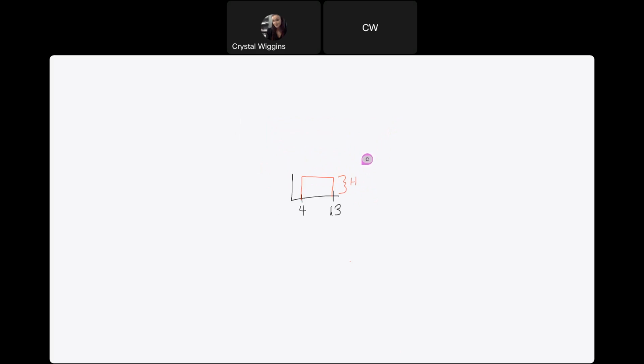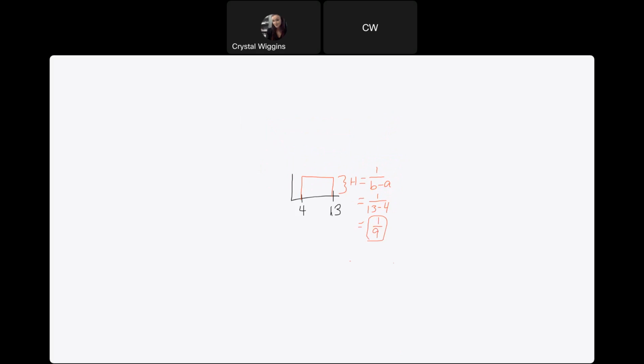So that height formula is going to be equal to 1 over your end point minus your beginning point. So in our case, it would be 1 over 13 minus 4, which gives us a height of 1/9. Now, this is the height for any probability calculation that I want to do within this particular problem, within this cedar tree problem.